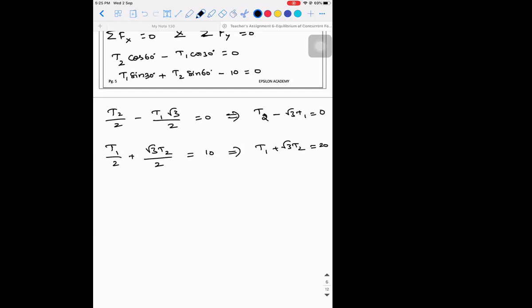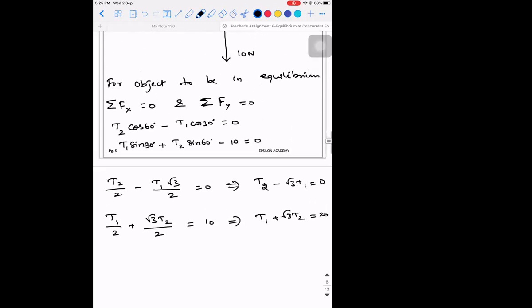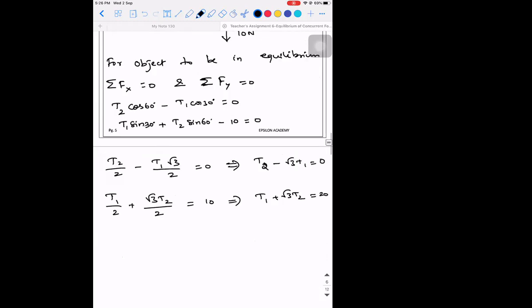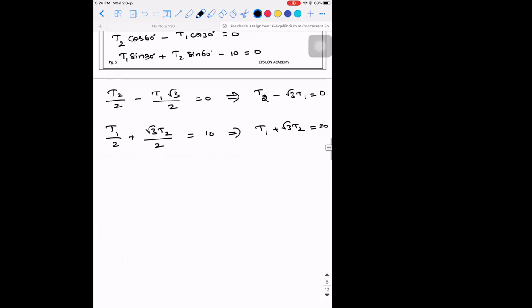So what can we do? Treat them like x and y. How will you equate? You cannot equate directly. Treat them like x and y.